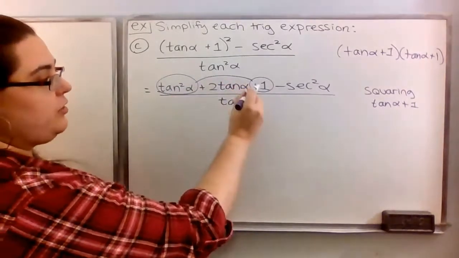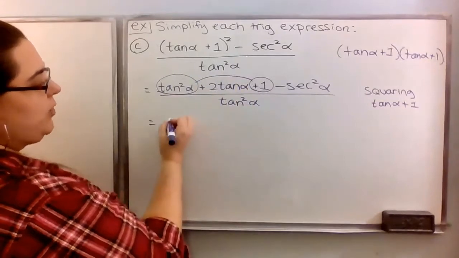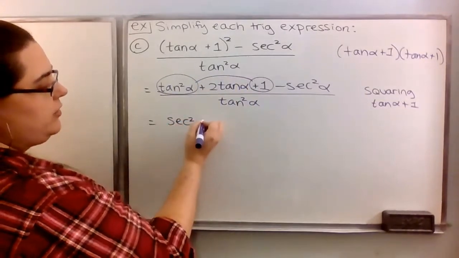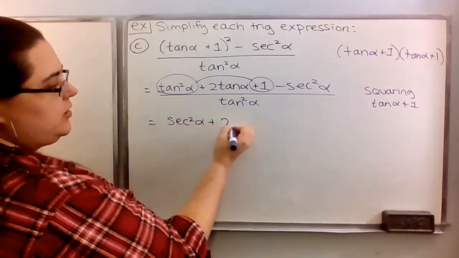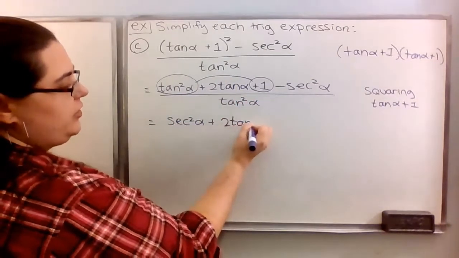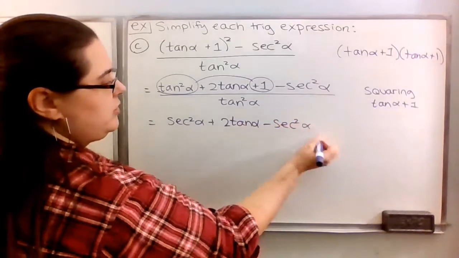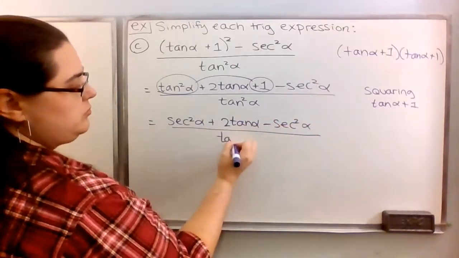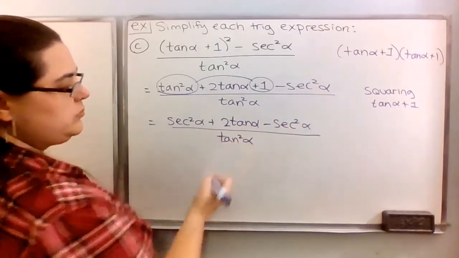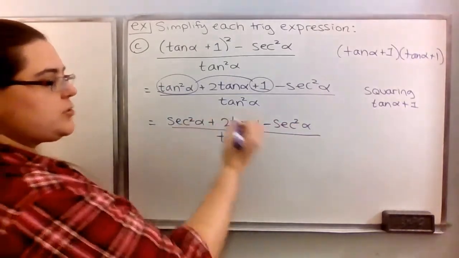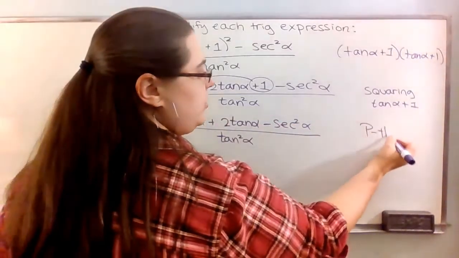So I'm going to take those two components and rewrite them as secant squared alpha. I've got to keep my plus 2 tan alpha and bring down my minus secant squared alpha. And this was a Pythagorean identity.